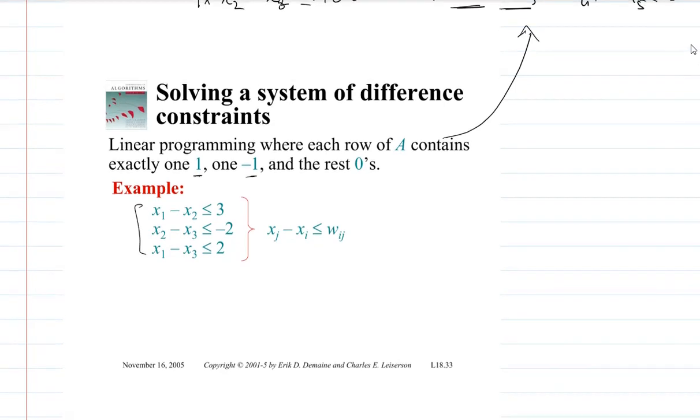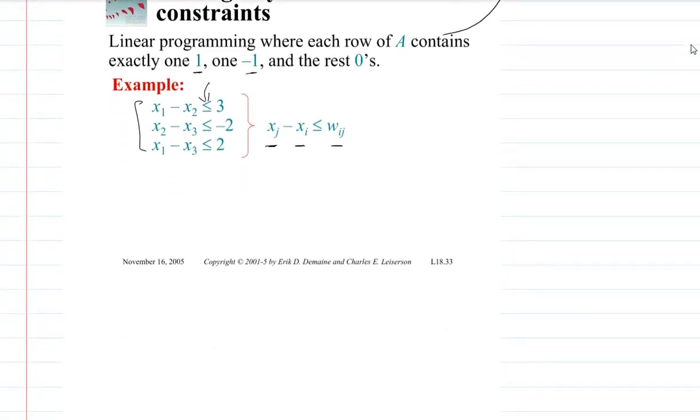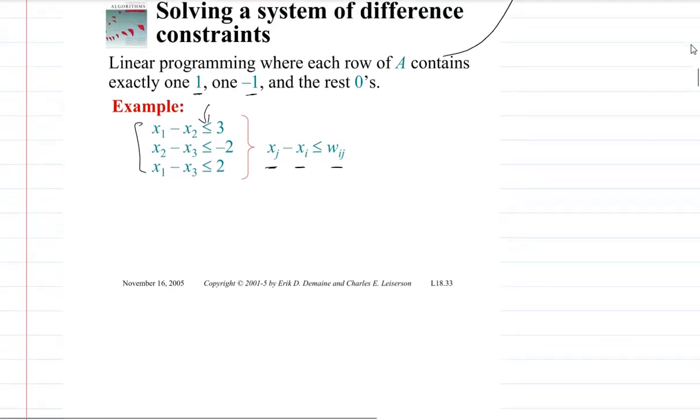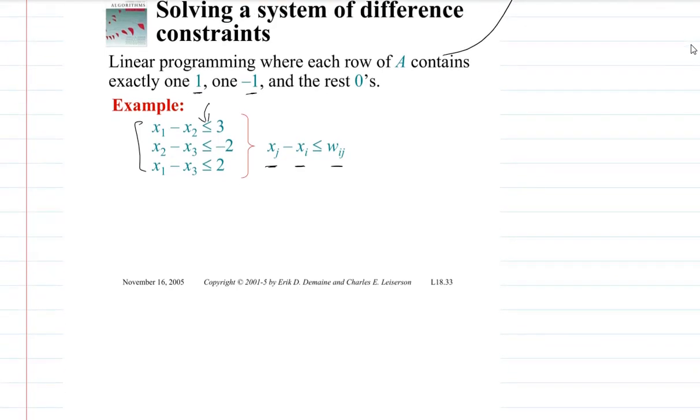If I write it in a generic way, we are always talking about some variable xj minus xi being less than or equal to wij. For the time being we are using less than or equal to, but this can even be greater than or equal to; let's keep it simple and think of these as simple constraints with the less than or equal to sign. All these constraints should be written in this generic form, so keep that in mind: xj minus xi is less than or equal to wij.